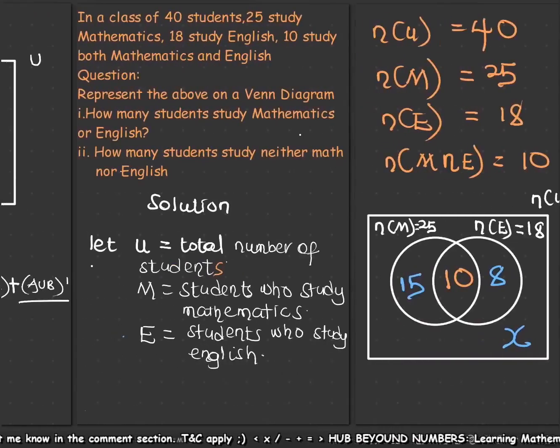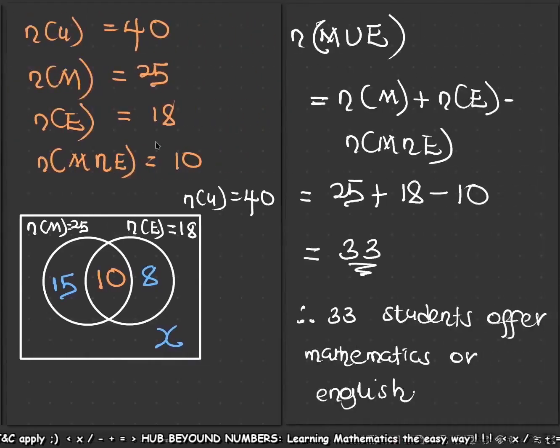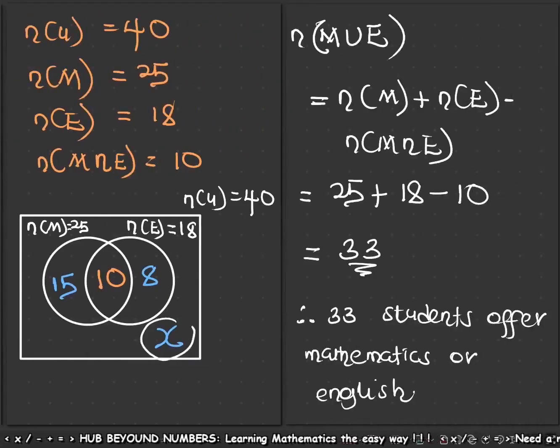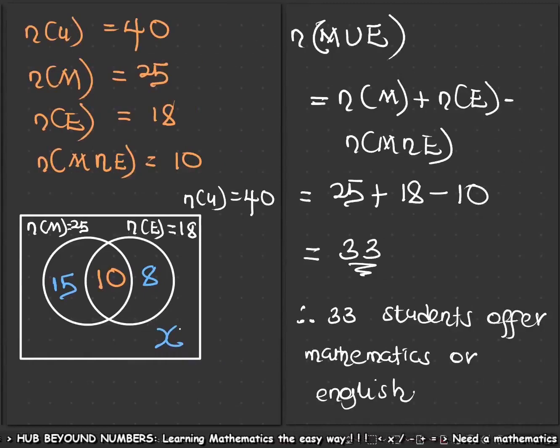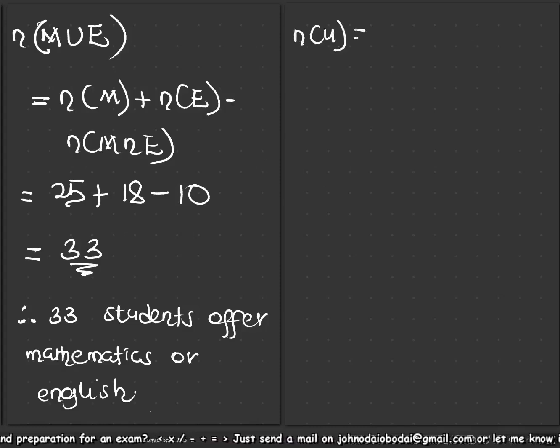The next question said, how many students study neither mathematics nor English? And remember, that was what we represented as the x over here. So we want the value of x. And how do we get that value? So since there's a complement, then we know that the universal set is equal to, as we said earlier in my introductory video, the number of elements in what?